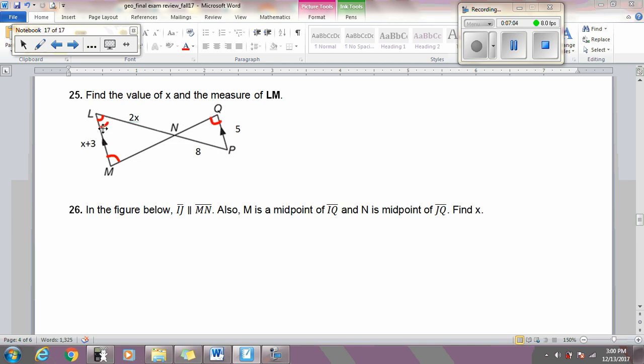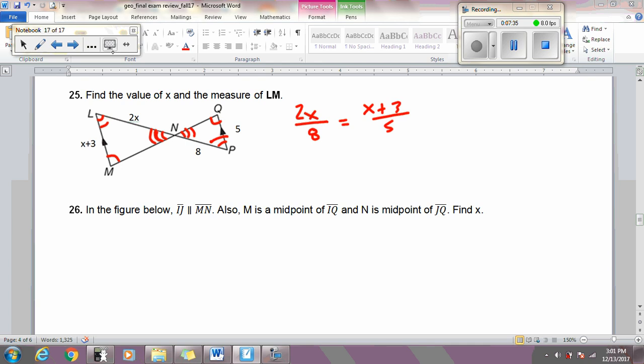L with P, again, alternate interior. And then we have our vertical pair. Knowing that, I know that 2x corresponds to 8, and x plus 3 corresponds to 5.